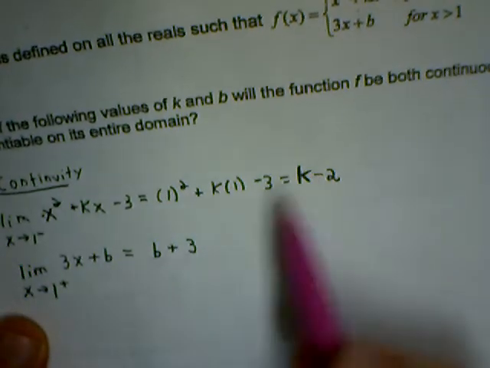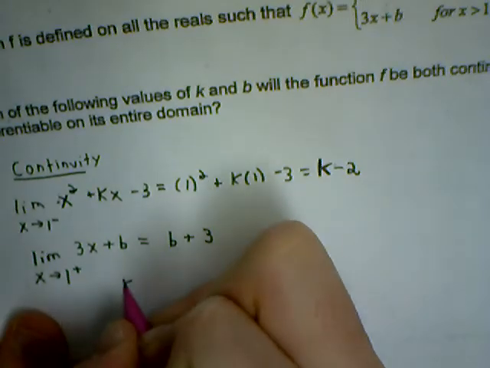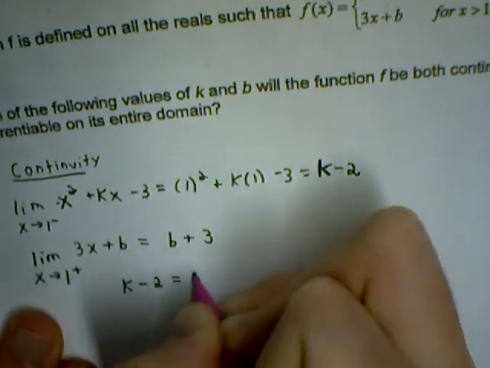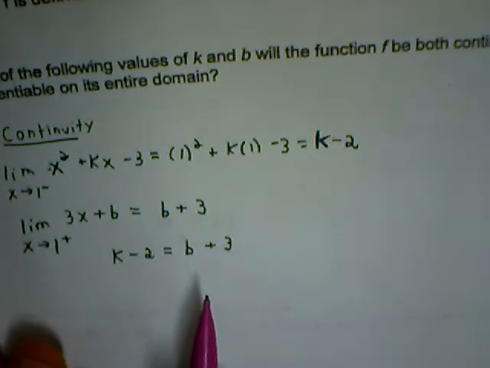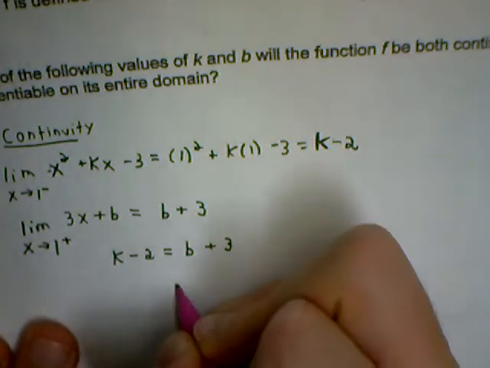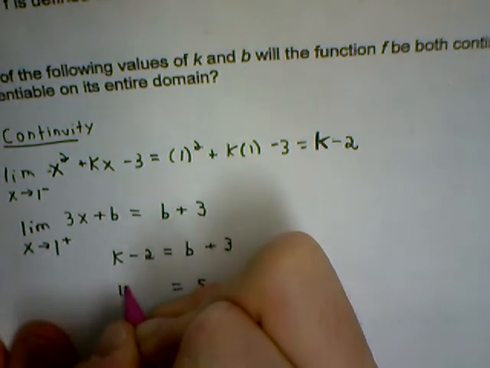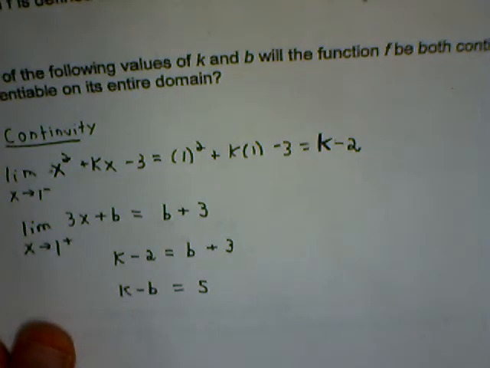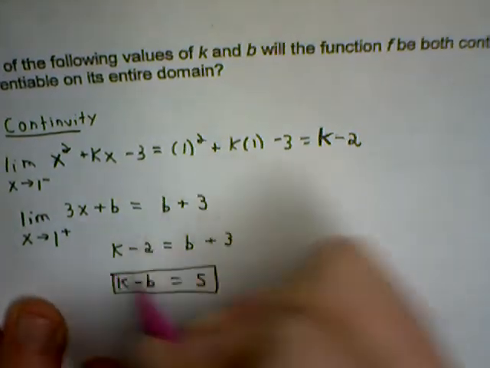Now, these must be equivalent if the function's continuous, so k minus 2 equals b plus 3. Let's clean it up and get all our variables on the same side. Add 2 to both sides, you get 5. Subtract b from both sides, you get k minus b. Now, next, and I'm going to save this for later.